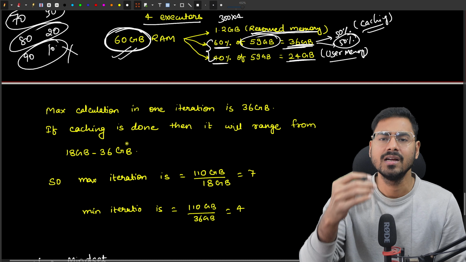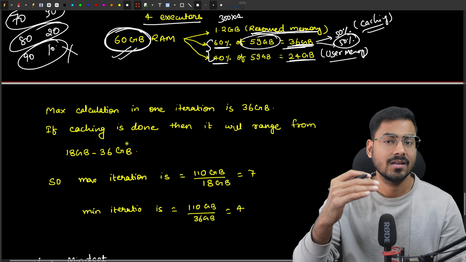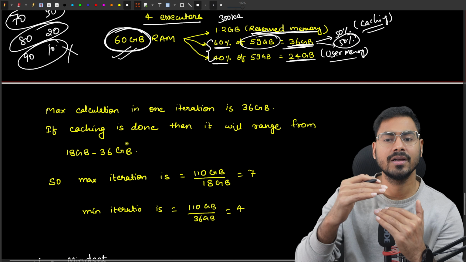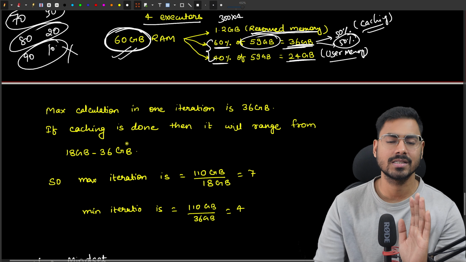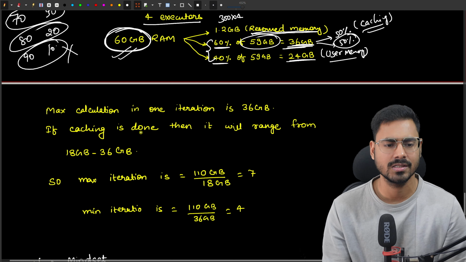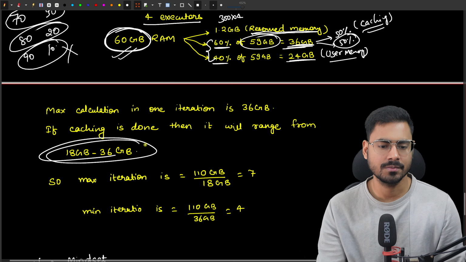If I do some caching, the entire 18 GB will be full for that case. If that is not the case, this is a unified memory, so I can go between 18 and 36, but I cannot go beyond 36 if the 60-40 ratio is there. So that is where I have done this calculation, that minimum 18 and maximum 36.